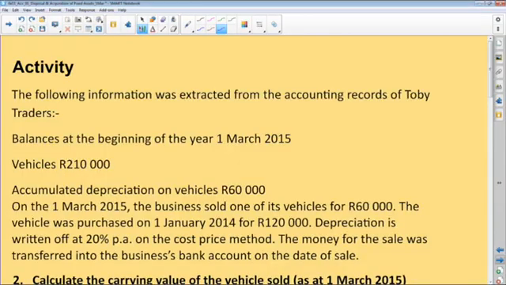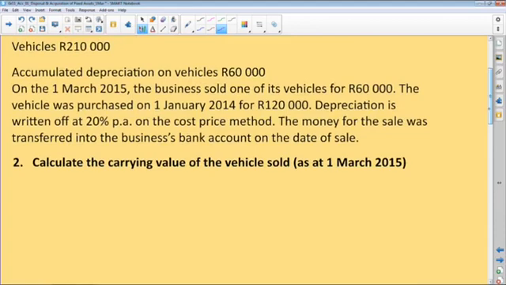Okay, right, let's move on to the next question. The second question wants me to calculate the carrying value of the vehicle that is being sold as at 1st of March 2015. We spoke about this earlier on.